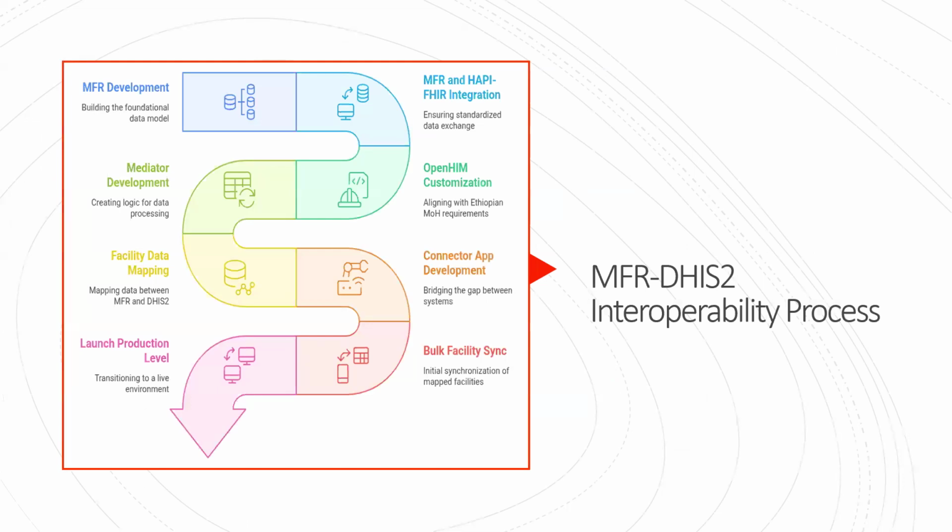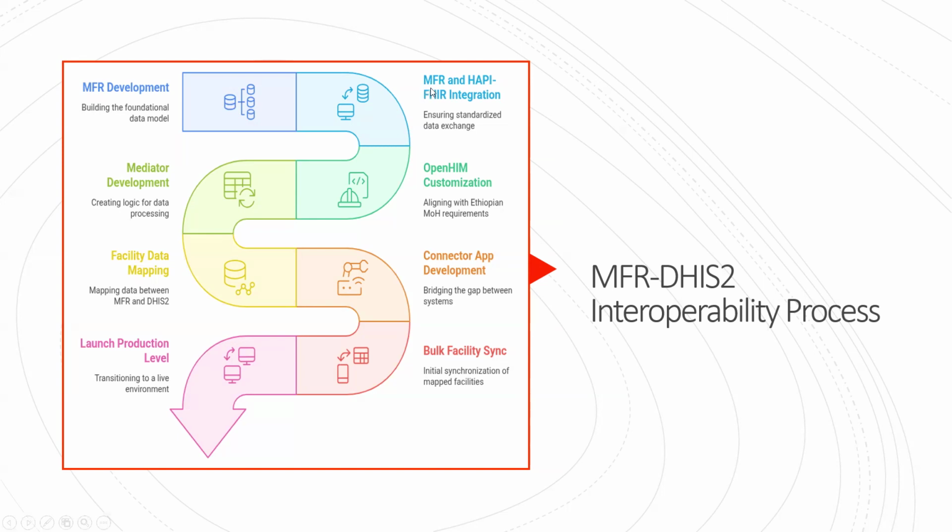To do that, we followed this development process, the MFR-DHIS2 interoperability process. First, we developed MFR. As a country, we believe we should have a master facility registry that manages all facilities as a single source of truth.